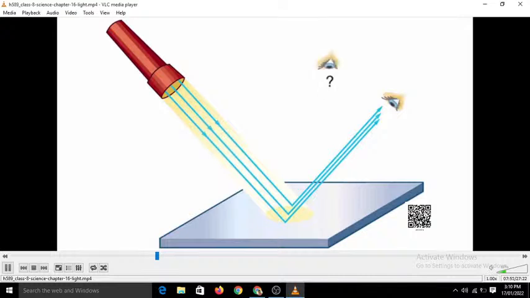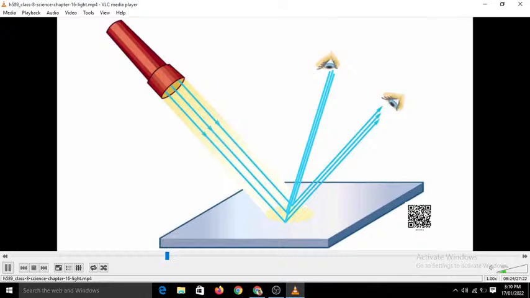Now think, children, if the reflected ray was in an upward direction, would we be able to see that ray? In that case, the diagram of reflection would have been like this, where the incident ray and normal would be present on the same plane, but the plane of the reflected ray would have been different. But this is not possible.